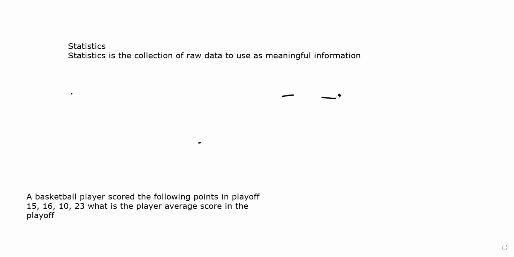Let's go. Remember, we're doing the average or the mean. Show how you get the answer, guys, all right?